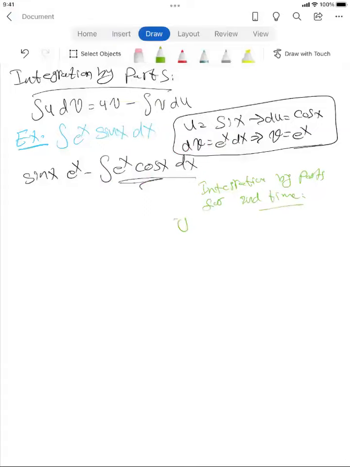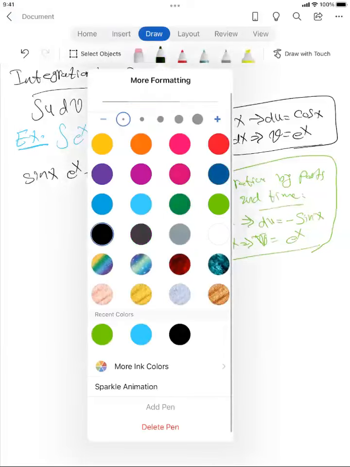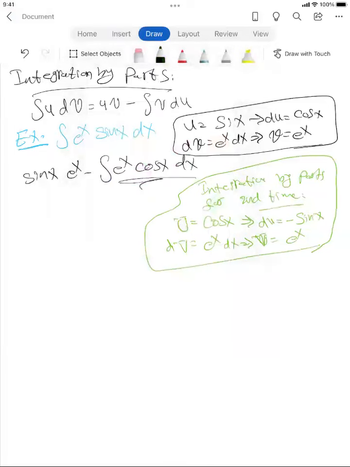So I'll take my u to be cosine of x, then du equal negative sine of x, and dv equal e to the x dx, then v would be e to the x. So let's substitute everything. The problem that I started with is simply e to the x sine of x dx.